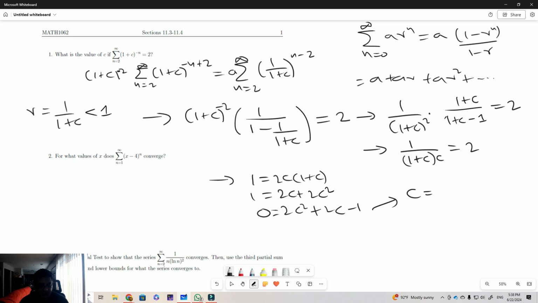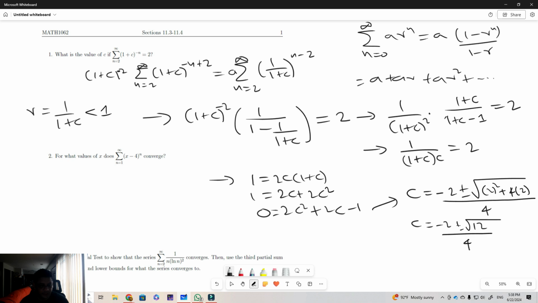This means that c is minus 2 plus or minus the square root of 2 squared minus 4 times 2 times minus 1, so plus, over 2 times 2, which is 4. This gives minus 2 plus or minus the square root of 8 plus 4, so 12, over 4.